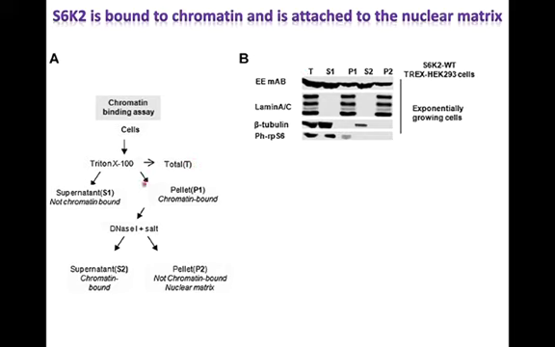Then you do a centrifugation. You will get a supernatant S1 and the pellet P1. The S1 is the non-chromatin bound material, and the P1 is the chromatin bound material. Then you do DNase 1 plus salt, and of course you know the DNase enzyme. It is an endonuclease that will break down DNA.